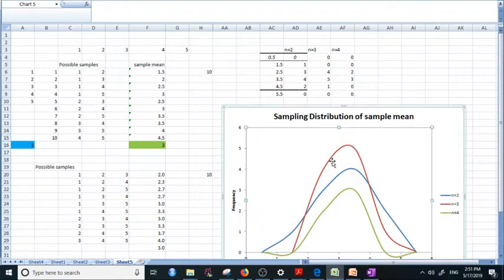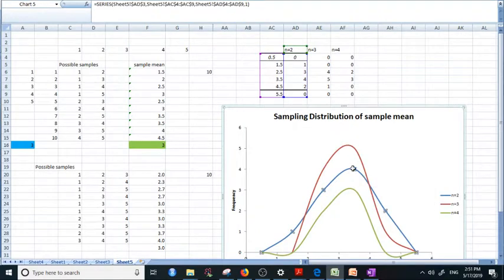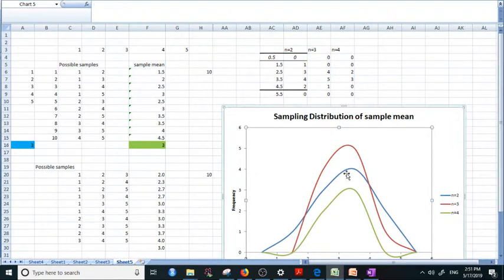This is the density function for n equals 2. And now let us increase the sample size.